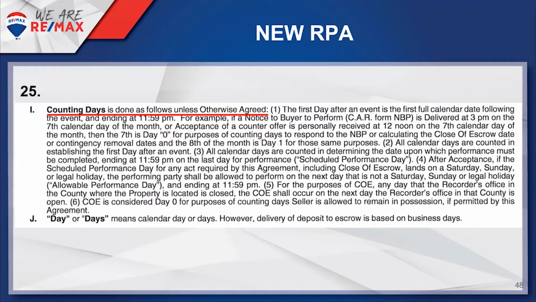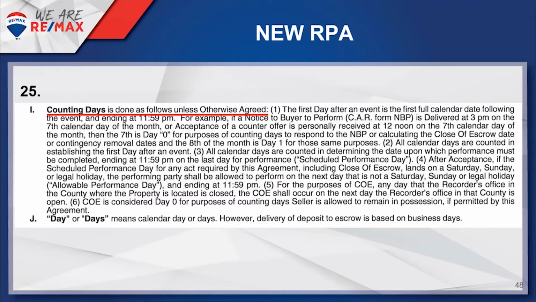So in an older RPA version, they had like a 72-hour clause, 48 hours, within 24 hours. And they took that out because there was a fight when it was 11:59. Is that 12 or is that 11:50? People were looking at their clock and counting minutes, and it was creating a lot of problems. So they removed hours from the contract.